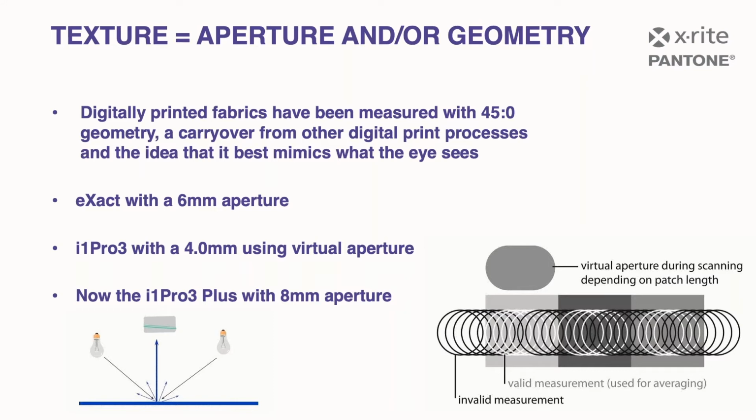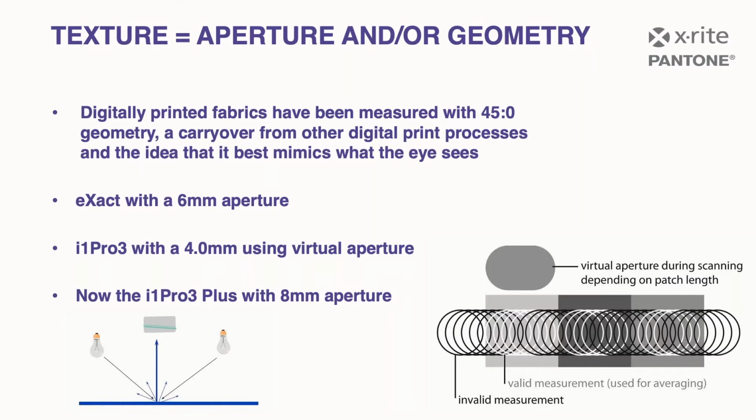So people have been using, say, an X-Rite with a 6mm aperture, or an i1 Pro 3 using what we call a virtual aperture, which is where we're scanning across, and we can see on the illustration on the right that we're capturing multiple pieces in every patch and then averaging those together. And that helps integrate in some of the texture effects from illumination, and also deal with consistency, where the instrument with a smaller aperture can see more inconsistencies than our eye sees.